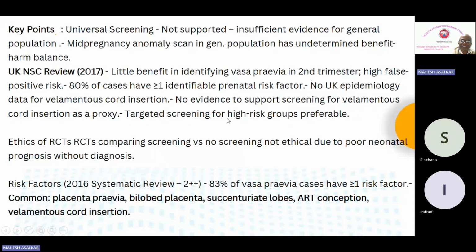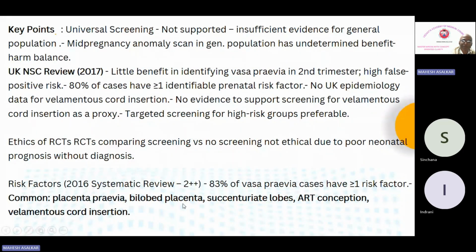So targeted screening for high risk groups is preferable. They don't recommend universal screening, but high risk patients can have targeted screening because more than 80% will have more than one identifiable risk factor.